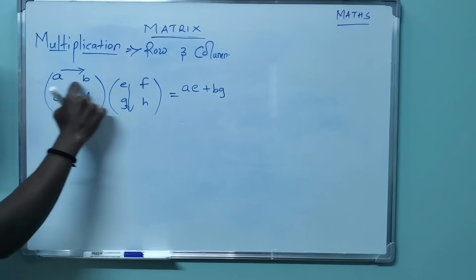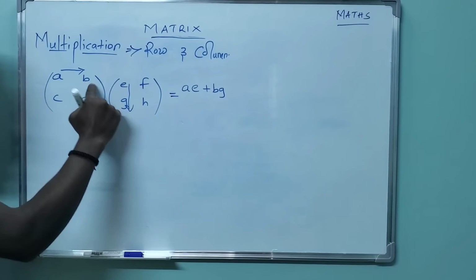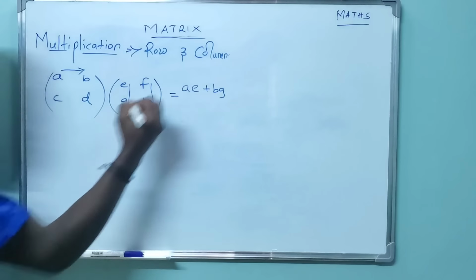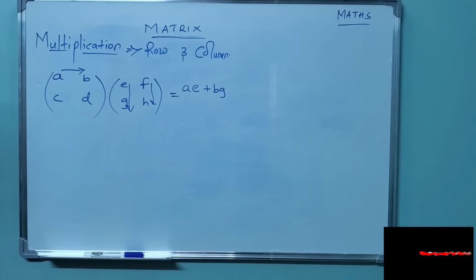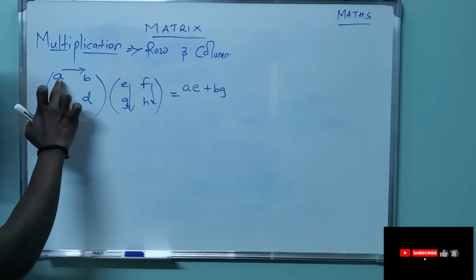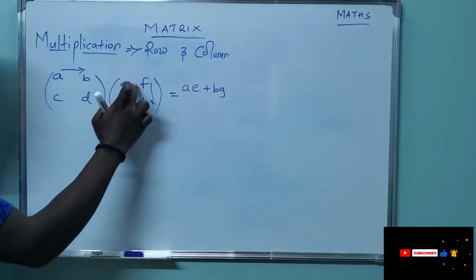Because I'm done with the first column and the first row, I'm going to go with still the first column and do it with the second row, so that it can give me the second position. So we are done with the first row with the first column.